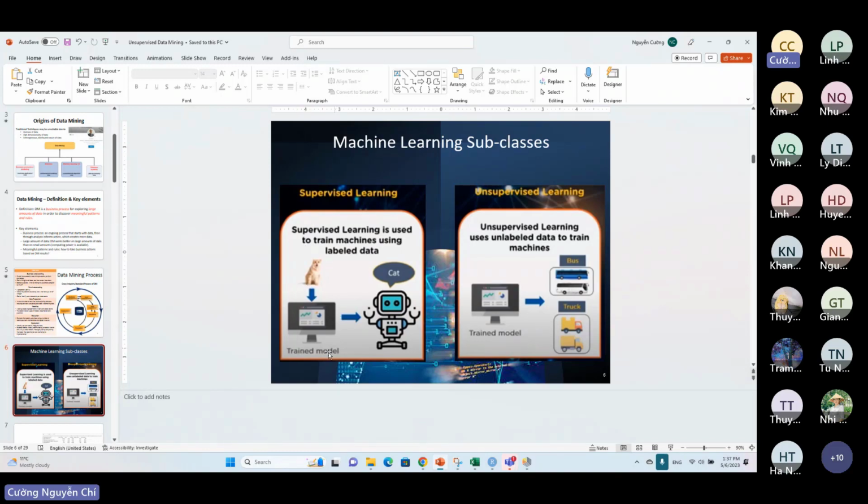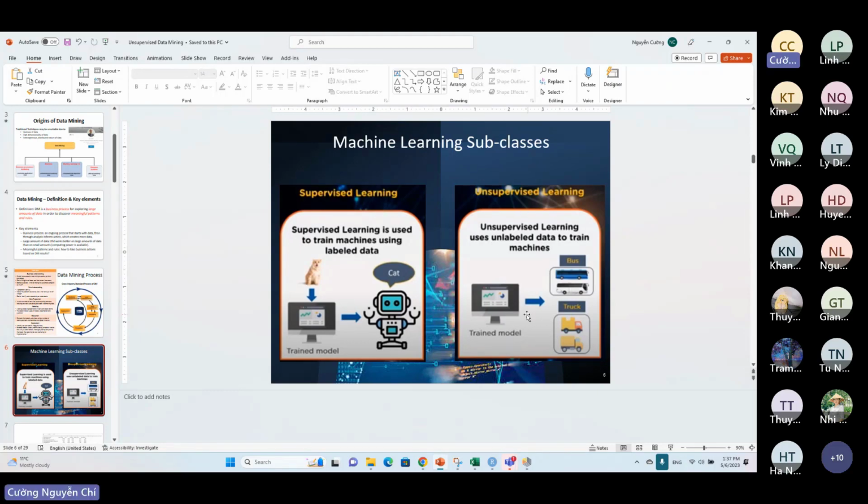After you make the training model on the machine learning and data mining, later if you show the computer another image of a cat or a dog, it can tell you that this is not a cat if that should be the image of a dog, and this could be a cat if that's really a valid image of a cat. So that's what supervised learning is.